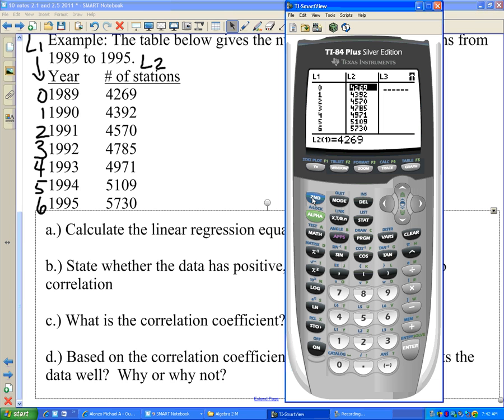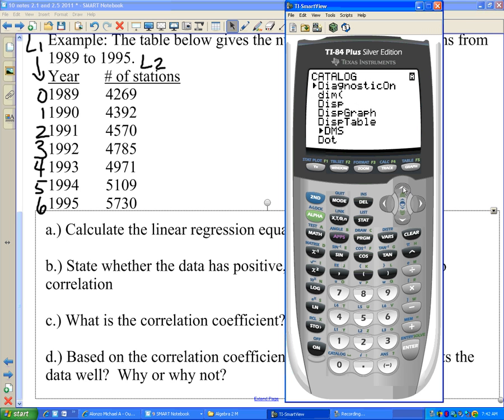If I hit second 0, it brings up an alphabetical catalog of everything in the calculator. So I'm going to arrow down to the D's and find diagnostics. There's one that says diagnostics off, and one that says diagnostics on. And I just passed them both. Oops, let's go back.